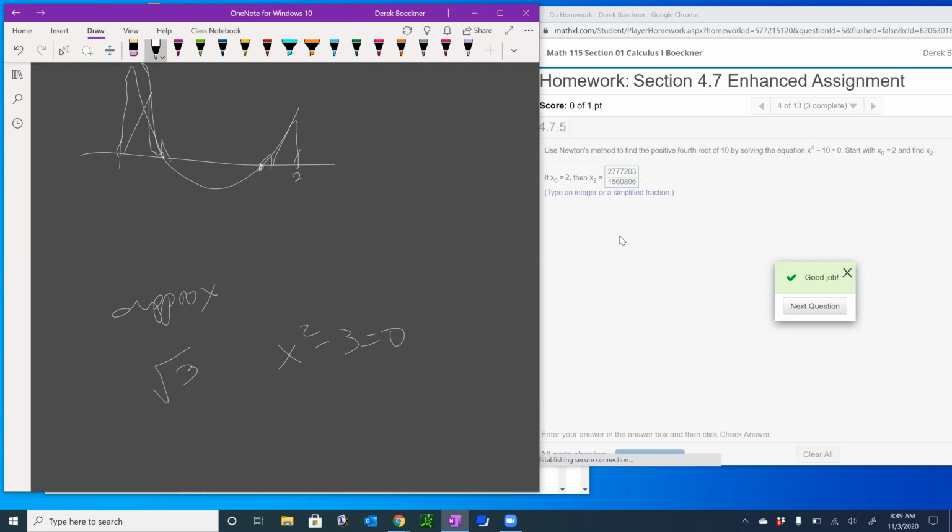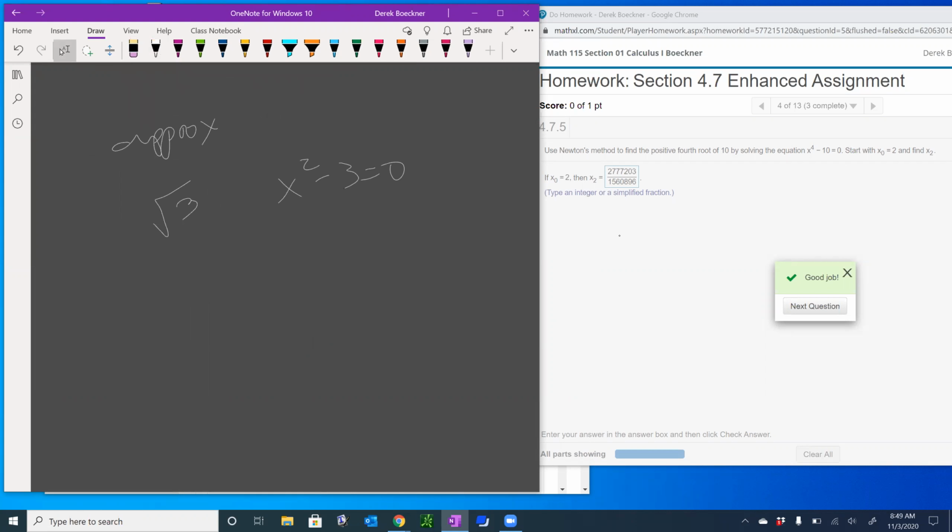And so if I wanted to approximate that, I could use Newton's method on this. So x_{n+1} equals x_n minus x squared minus 3 over 2x. That's Newton's method.